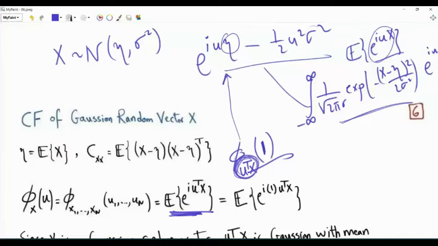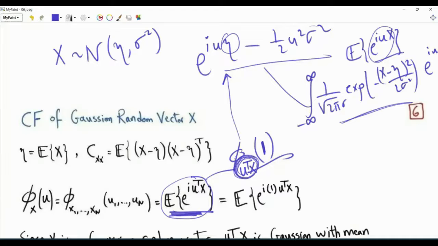So the joint characteristic function of a Gaussian vector is simply the Gaussian characteristic function for just one random variable. And we do this trick that the characteristic function of the vector is the characteristic function of u transpose x evaluated at 1.